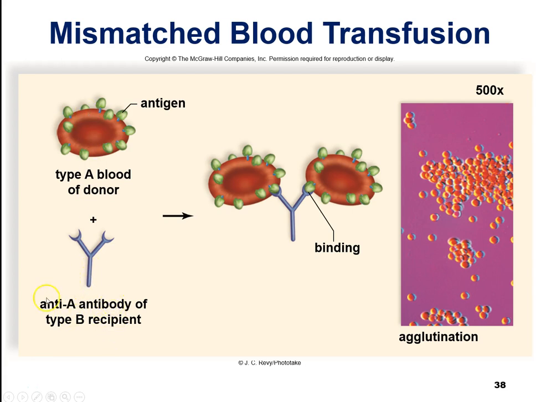What happens when you give that type B person type A blood, you can see that this A antibody will bind to the A antigens, therefore producing this reaction called agglutination. You can see this clumping, and basically it leads to blood clots and organ failure and eventually death.